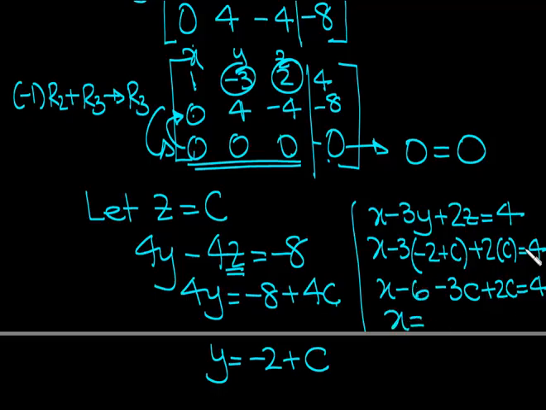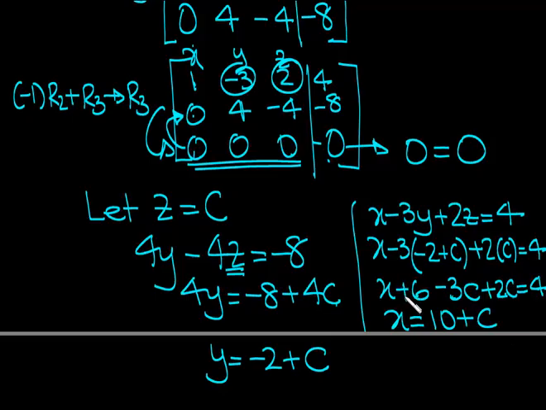So you get the 6 goes to the right, so you have a 4 minus 6, which is negative 2. And then this will give me negative 3 plus 2 is negative 1, and that goes to the other side, so it'll be plus c. So there's your solution to that problem. Make sure I did this right.